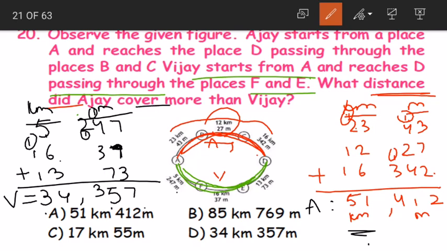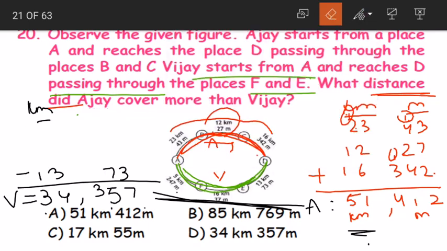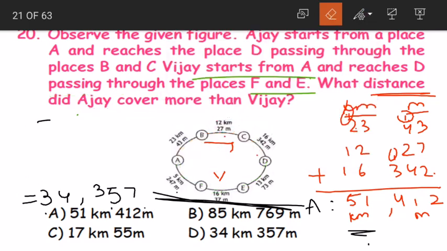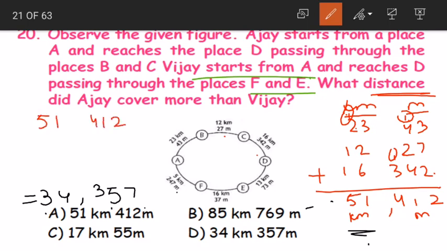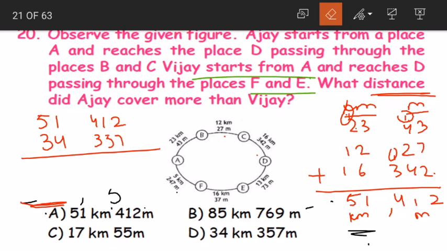Now we have to find out how much more Ajay travelled. So how to find out? We need to subtract these two distances. We'll do it here itself. What should we subtract, children? First we take the bigger number, 51 kilometers 412 meters, minus Vijay's distance, 34 kilometers and 357 meters.